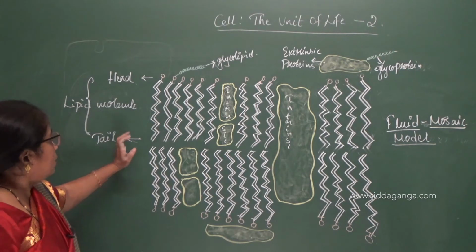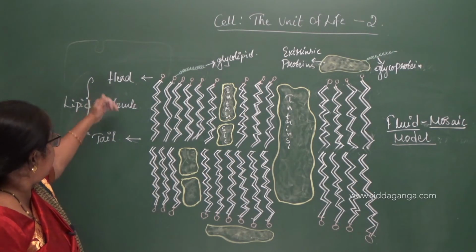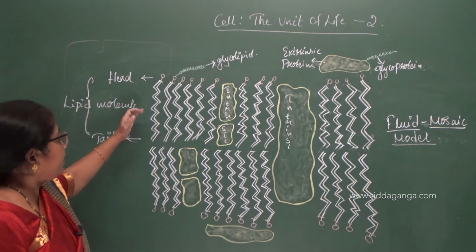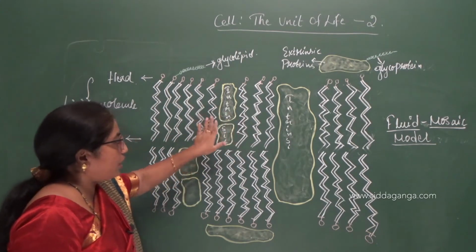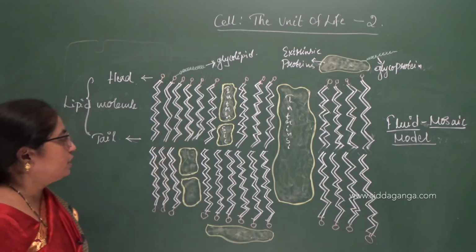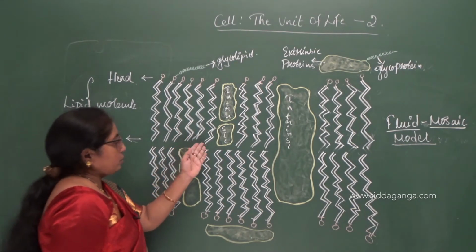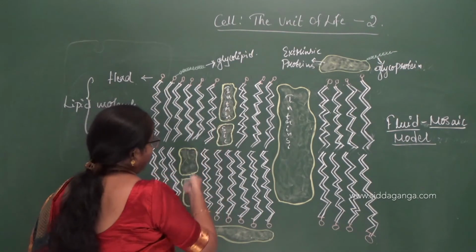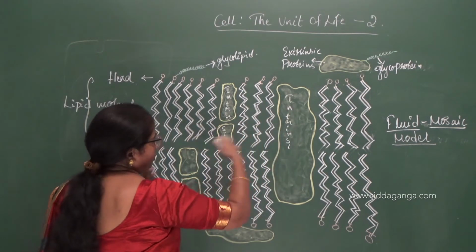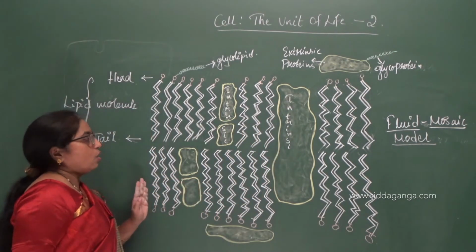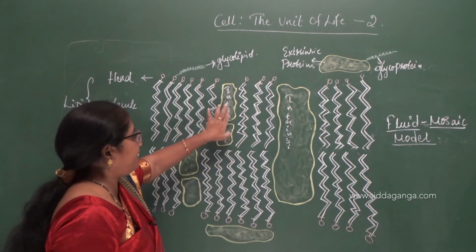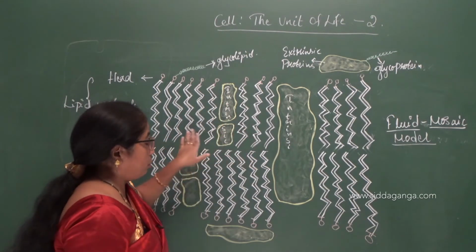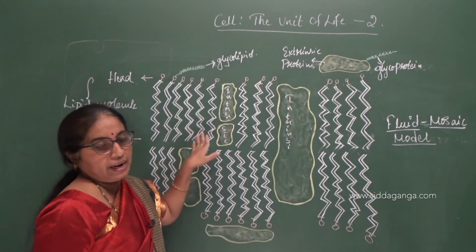And now the head and the tail part. Here you can see the intrinsic proteins look like glaciers floating on the sea. This also looks like a mosaic or design in between the lipid layer, which is almost in the fluid state, and these keep moving in the lipid layer.